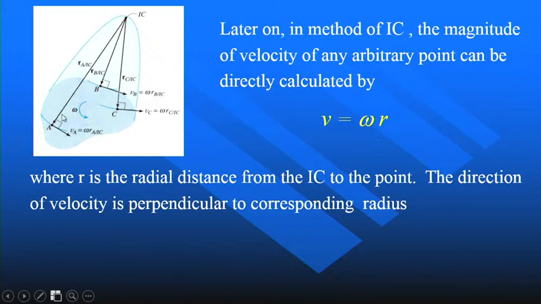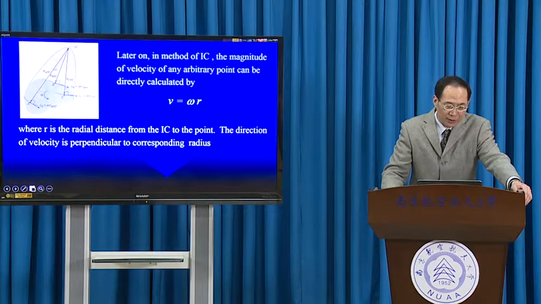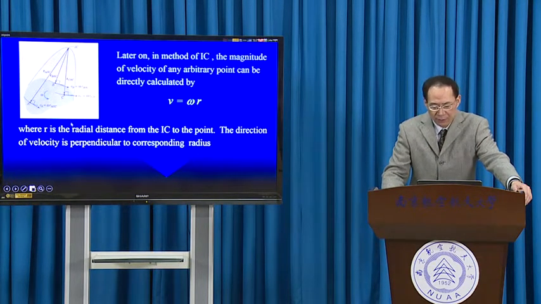So you just substitute R with the relevant radius of each point, A, B, and C, into this scalar formula. Then you can get the V at each point.